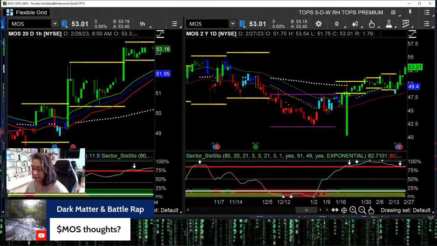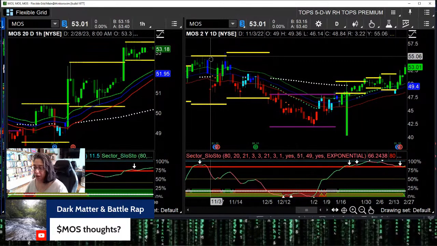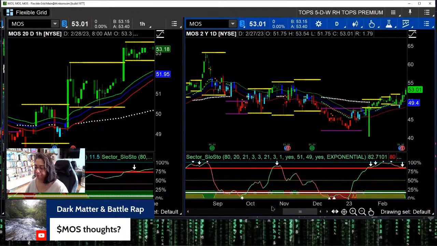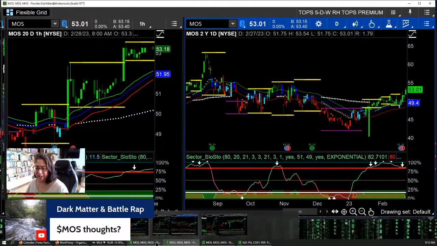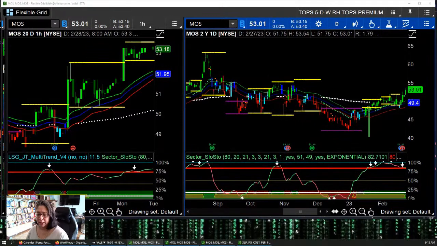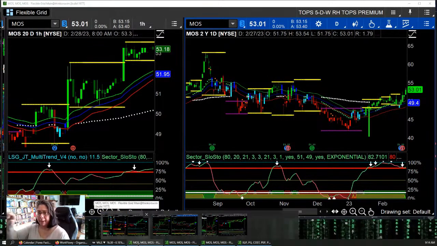Okay, so what do we have here? Let's start with the tops layout with the tops tools. Notice, by the way, gang, at the bottom of the screen, all the little windows that pop up? I've got my multi-chart. I've got my volume max layout. I've got my tops layout.